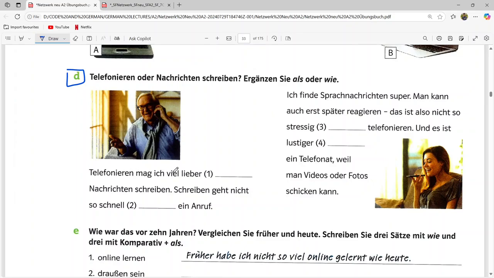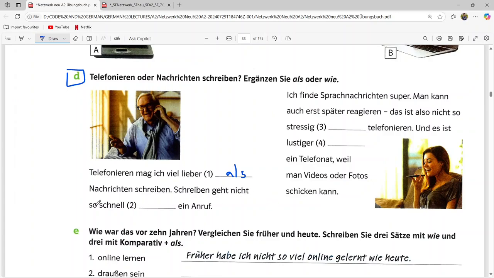Telefonieren mag ich viel lieber als Nachrichten schreiben. It will be als. Directly comparison is done and we don't have to think about equal. So we can just write here als. So I like to make phone calls more than sending messages.